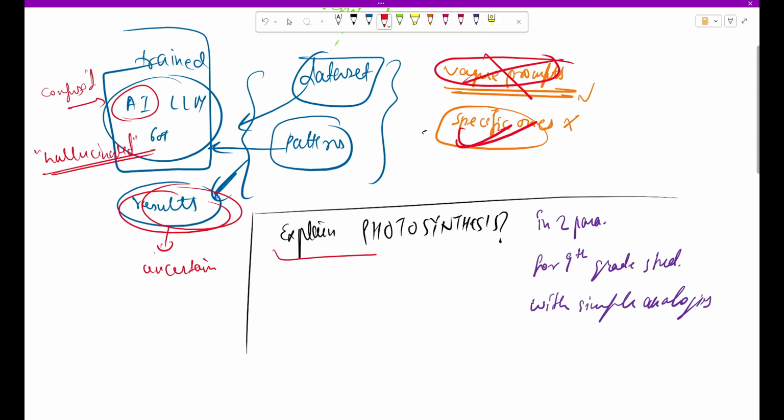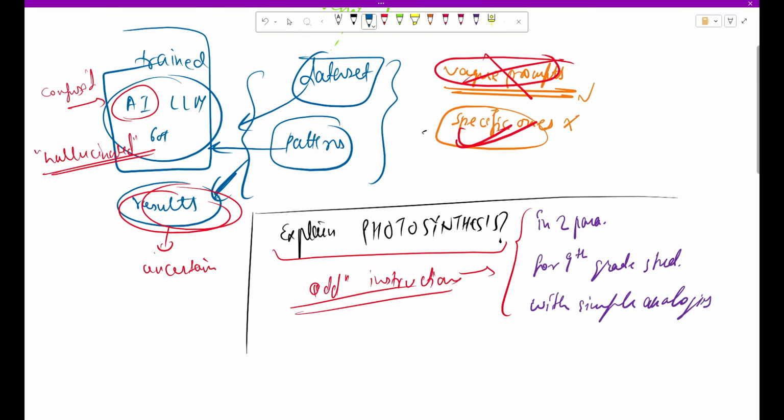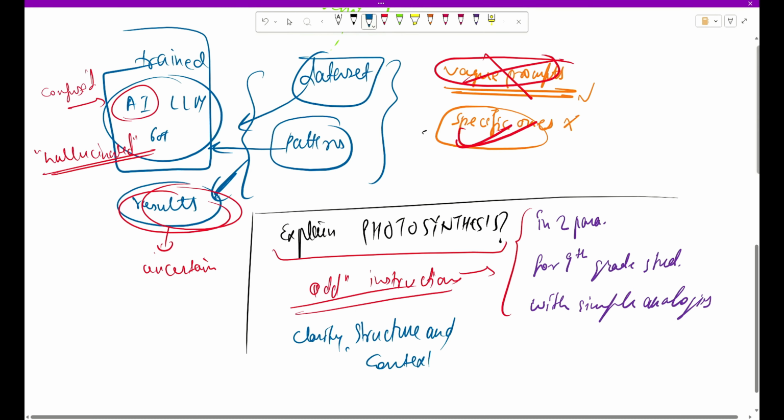Rather than only the open-ended question, I gave additional instructions, and these additional instructions gave him clarity, structure, context to the audience, catering to the audience, and again constraints.